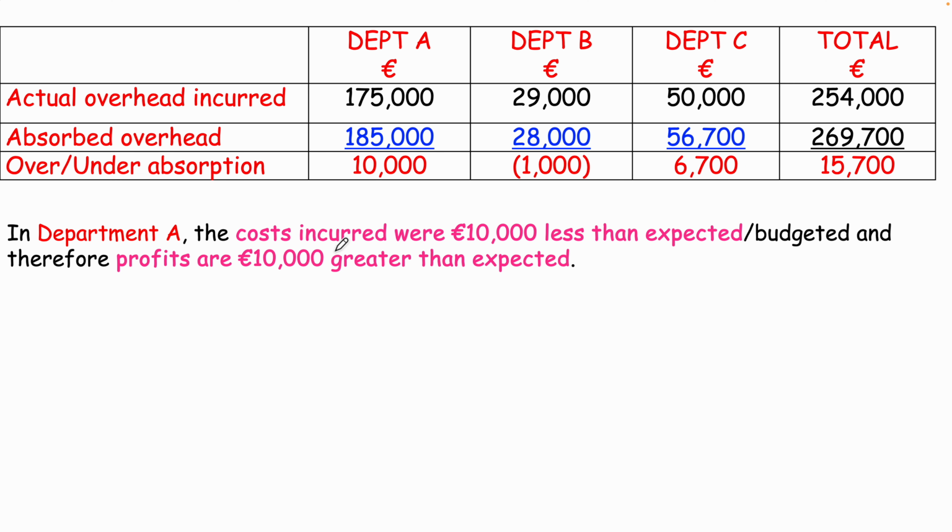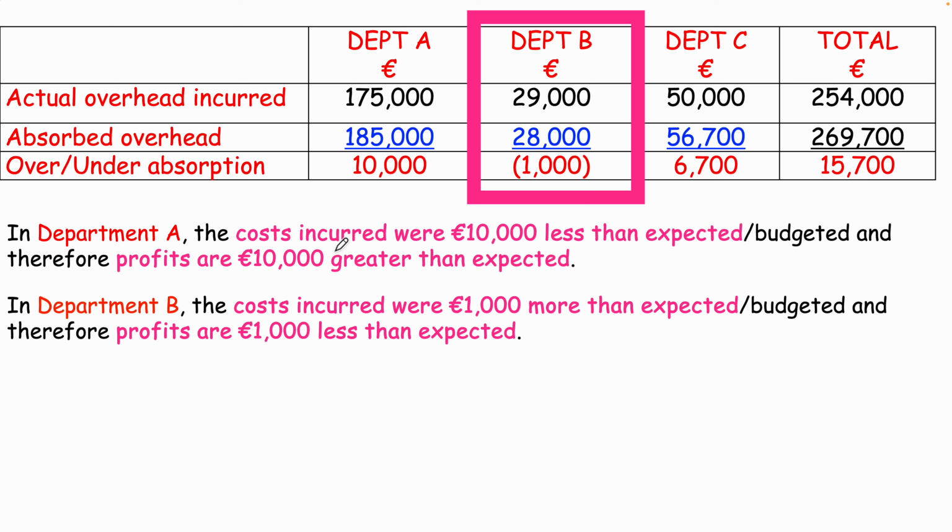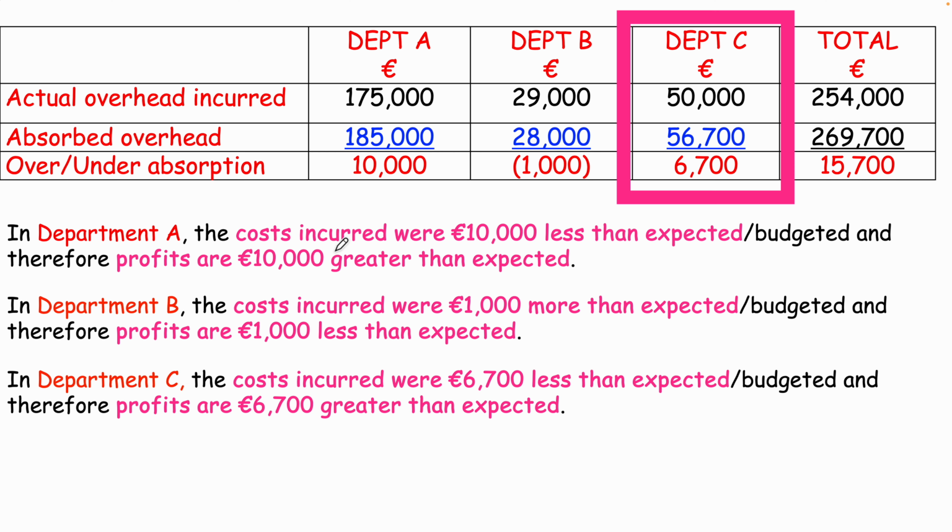In Department B then, okay, the costs incurred were 1,000 more than expected or budgeted, and therefore profits are 1,000 less than expected. So that's unfortunate there. In Department C, costs incurred were 6,700 less than expected or budgeted, and therefore profits are 6,700 greater than expected.